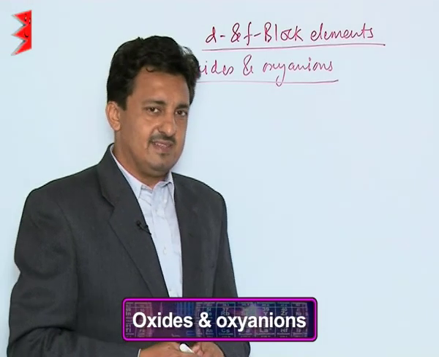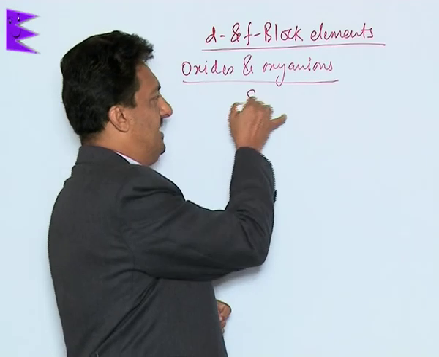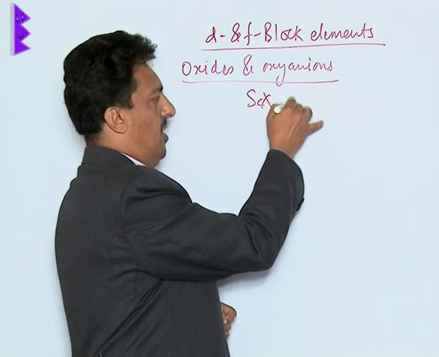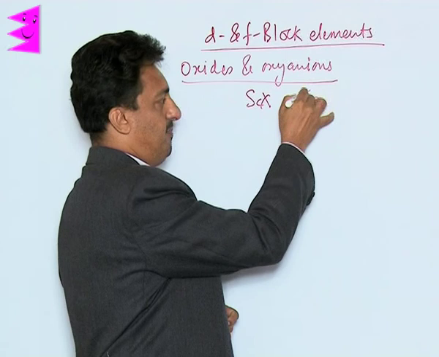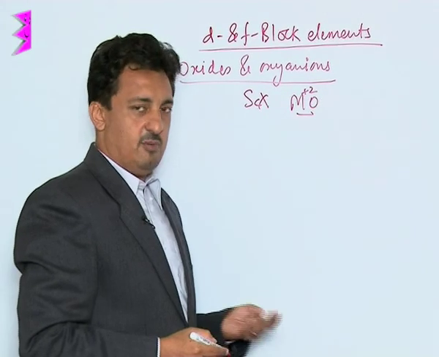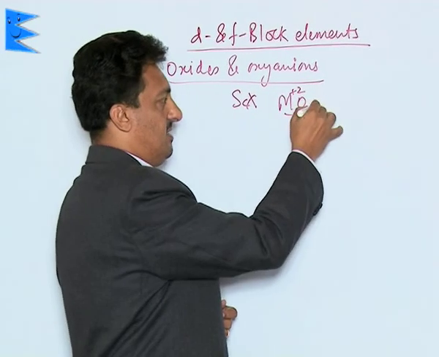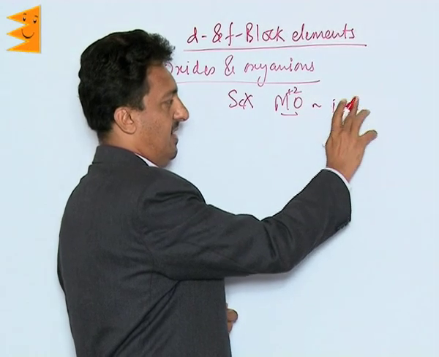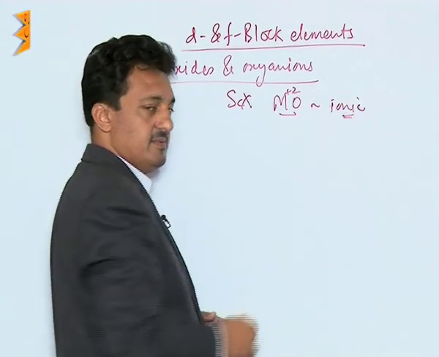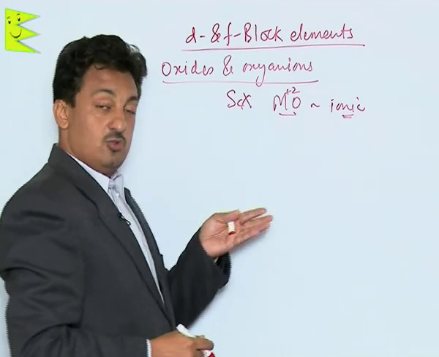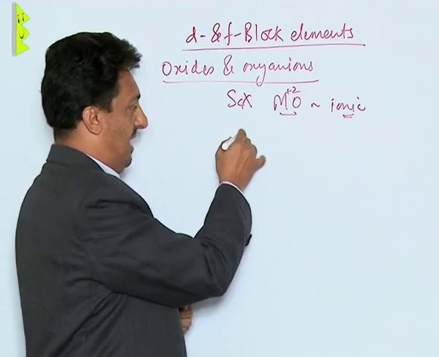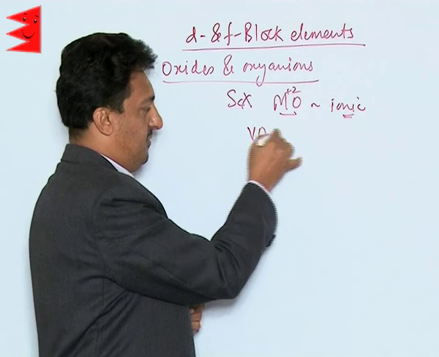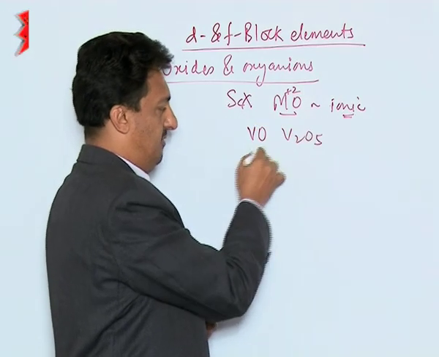Transition metals except scandium all exist in MO in the +2 oxidation state and form oxides, and this type of oxide, for all of these transition elements, is ionic in nature, whereas they can go to their highest oxidation state, like we can have vanadium existing as VO and it can go up to V2O5.